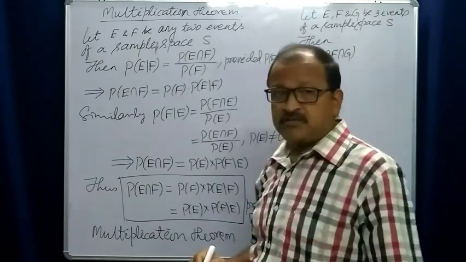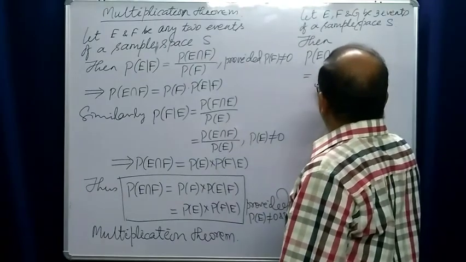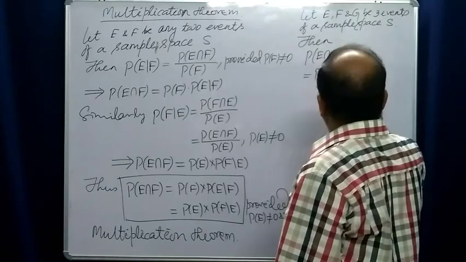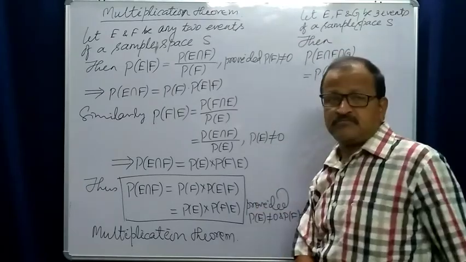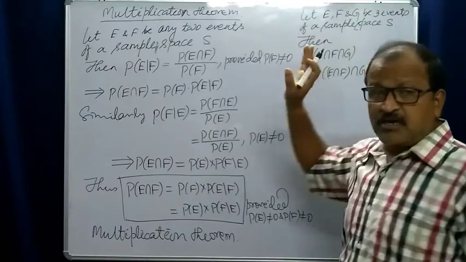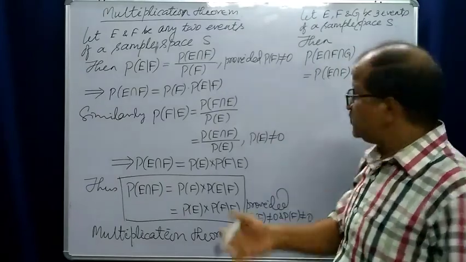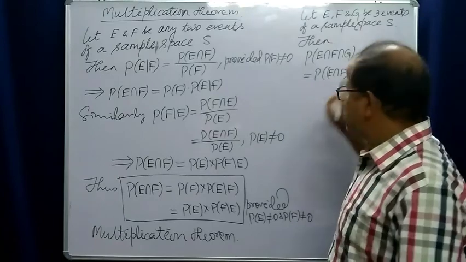Let us see. Intersection of sets is associative, so we can write it as E intersection F intersection G.